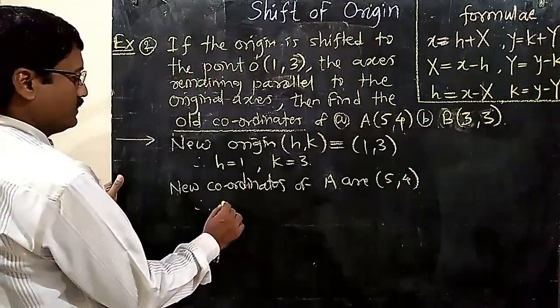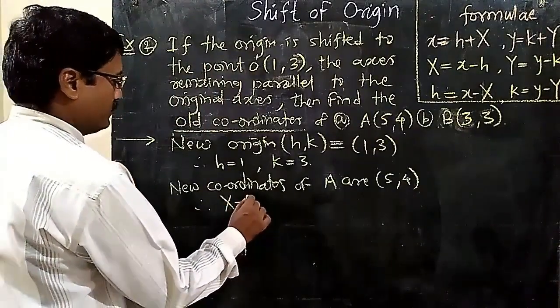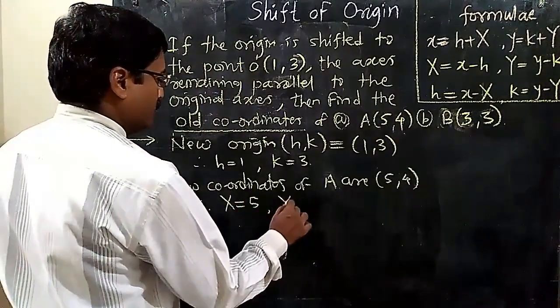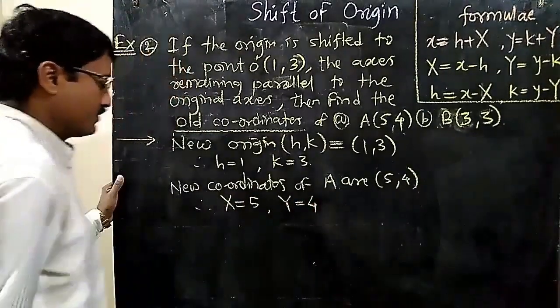Therefore new coordinates are nothing but capital X. So capital X equal to 5 and capital Y equal to 4.